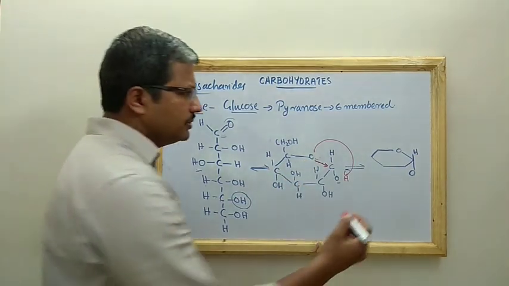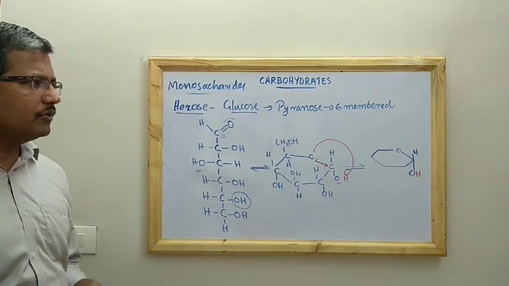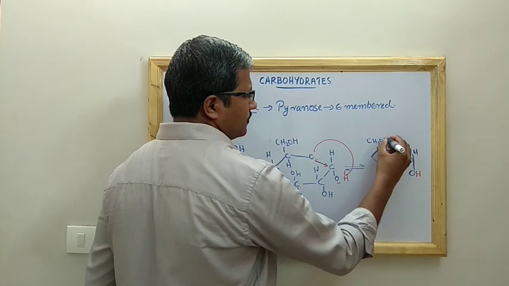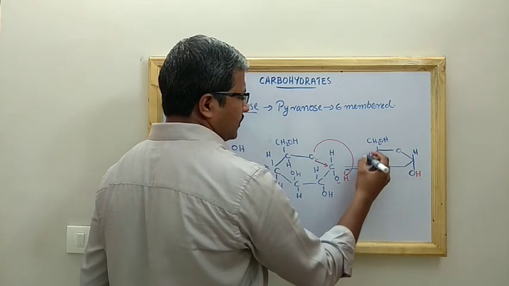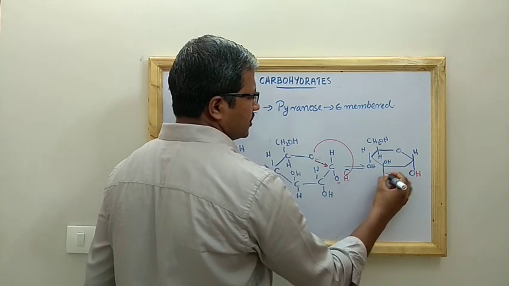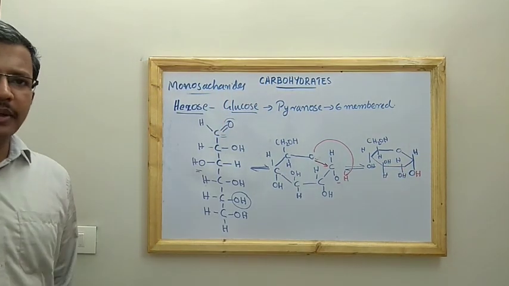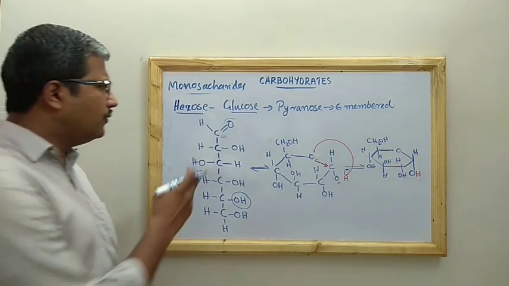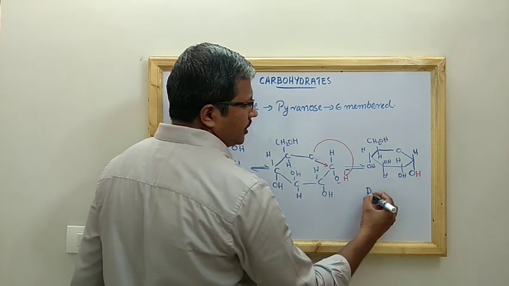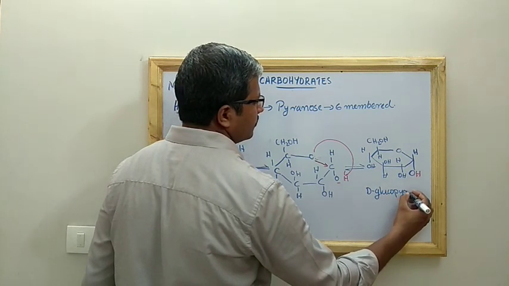That red one, I am representing with red. Then the remaining structure will be the same, no difference. So CH2OH, H, H, OH, OH, H, H, OH. So this is the pyranose ring structure of glucose. So this is D-glucopyranose.